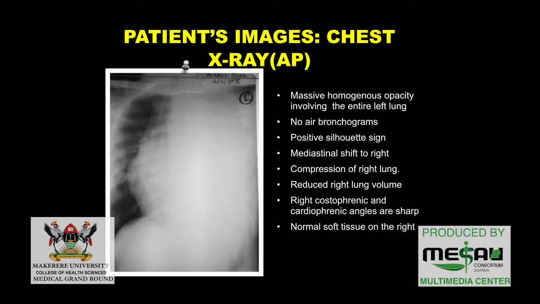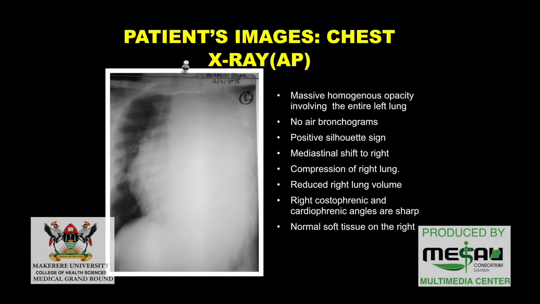We cannot appreciate the cardiac shadow, but if we look closely from up, we'll be able to appreciate that this is our trachea, the patient's trachea, but it has moved. It is no longer in the center where it was supposed to be. And from the opacity on the left side, there are no air bronchograms.